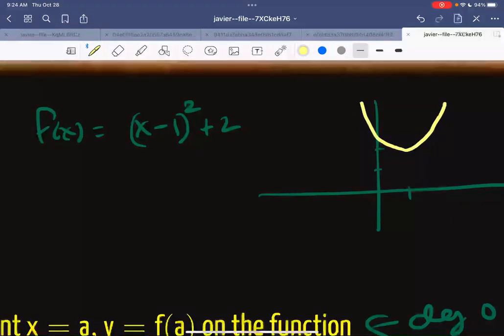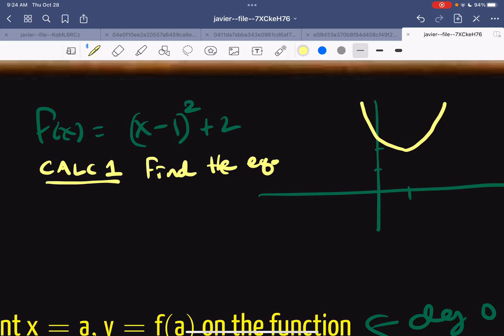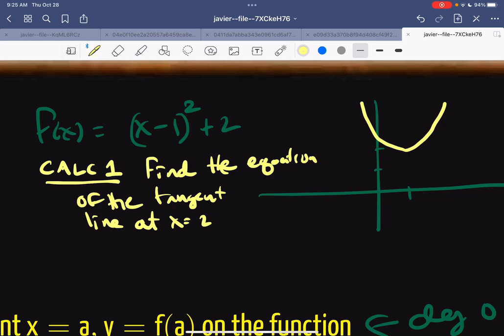And back in Calc 1, first semester calculus, your teacher might have asked you, find the equation of the tangent line at, for example, x equals 2.